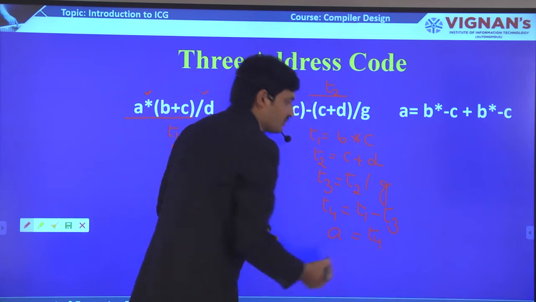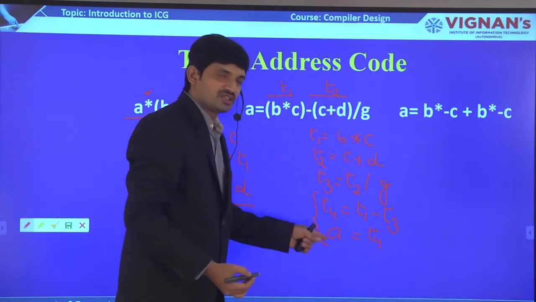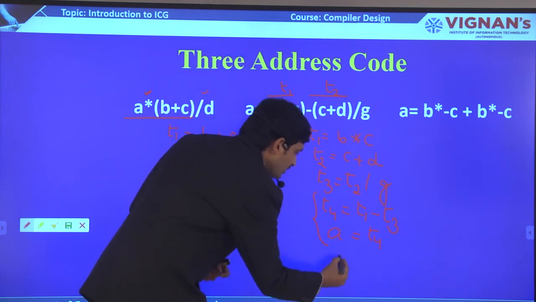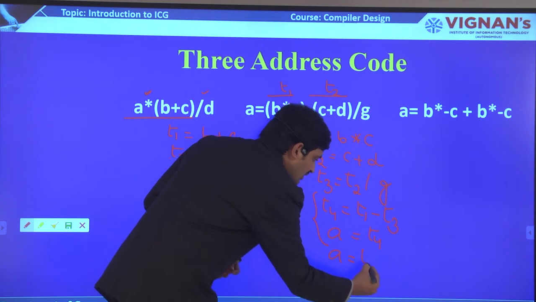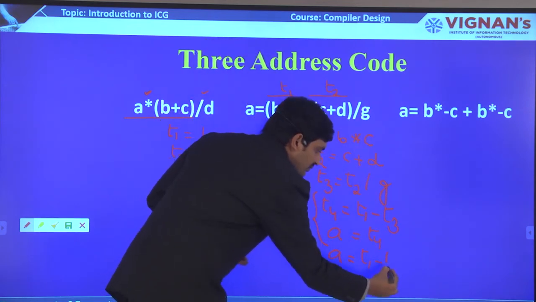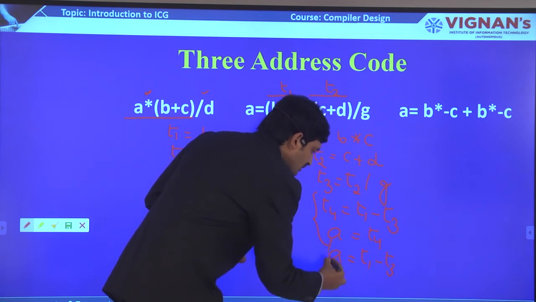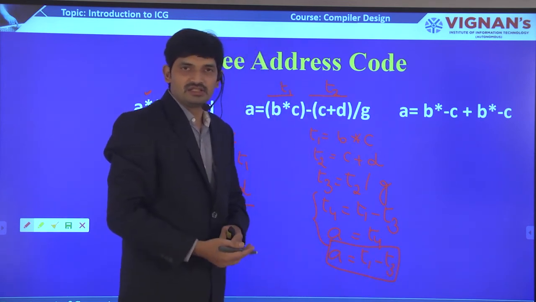Or from this step, no need to write these two instructions. We can write a equal to t1 minus t3. So we can write directly like this also.